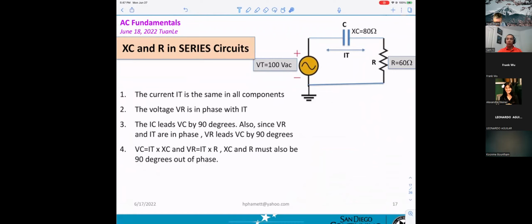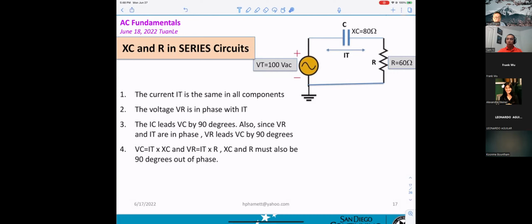The current I total is the same in all of the components. You can see that. That means IC, I total, IR, only one current. The voltage VR is in phase with IT.